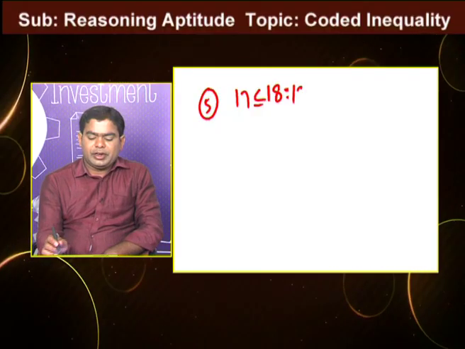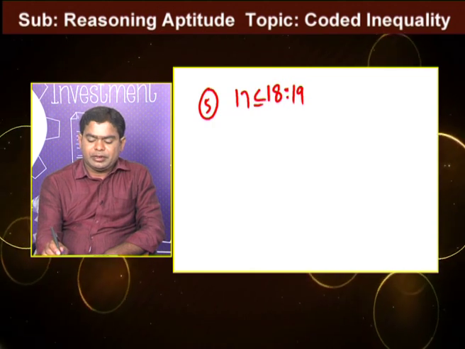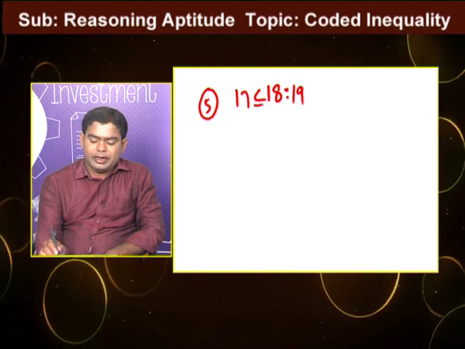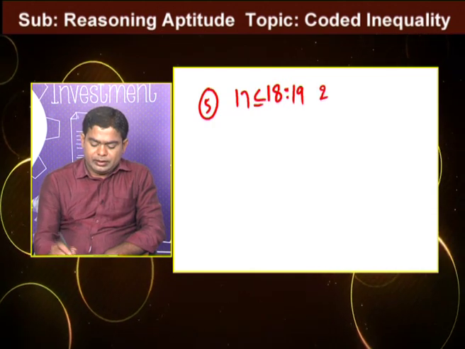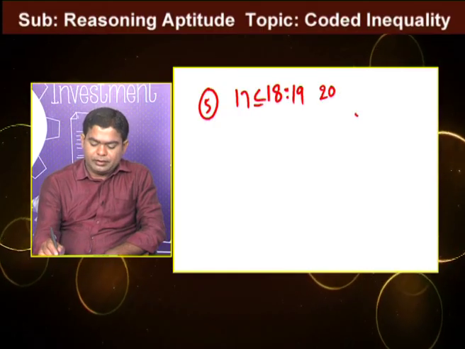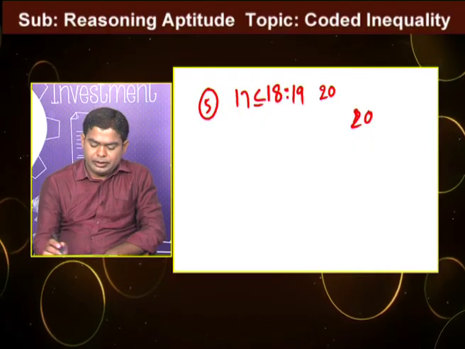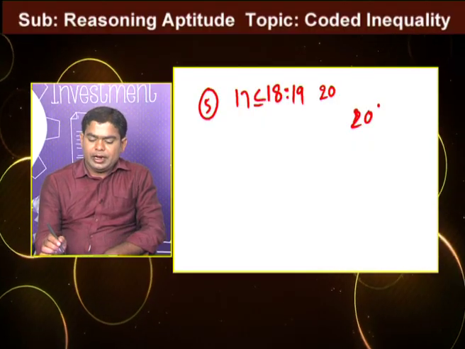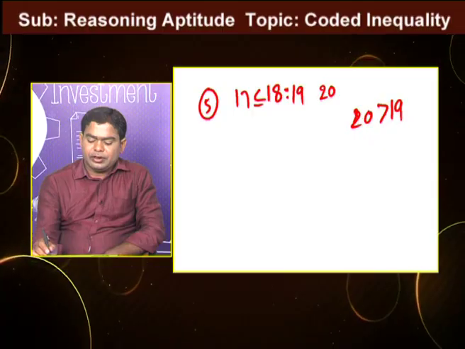So directly we combine the given statement. Here again in the statement 18 is related with 19. That means 18 equal to 19. Again 19 is related with 20.